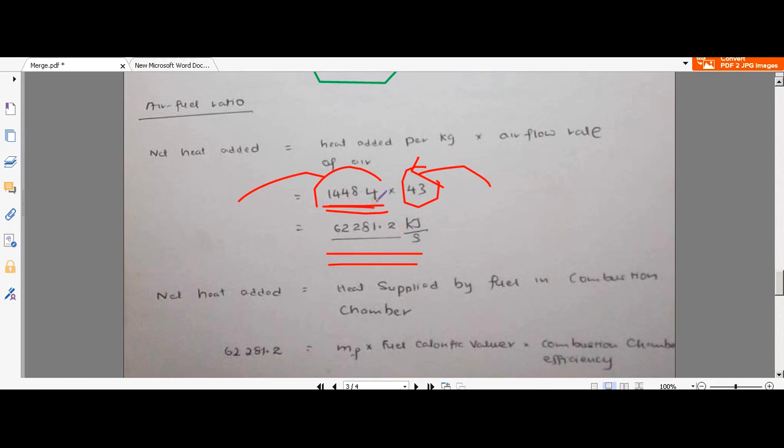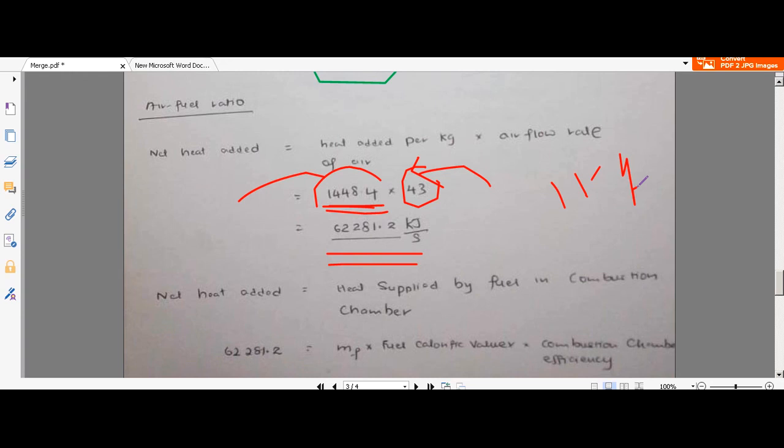1448.4 is the required amount of energy in order to work with 1 kilogram of air, because we need to burn. Just giving air will not give you any burning energy, right? So we need to make some combustion, we need to do some heating. To that heating we need fuel, right?